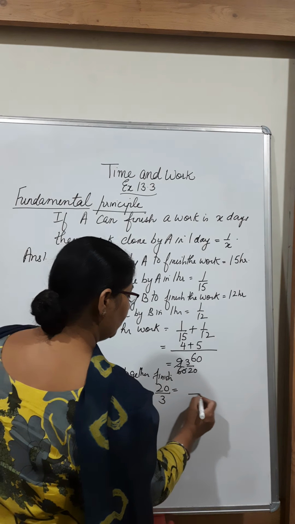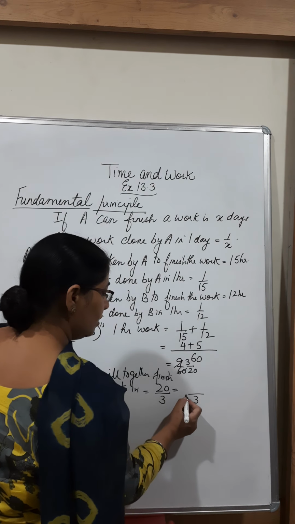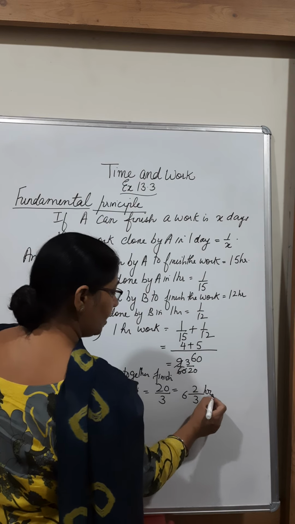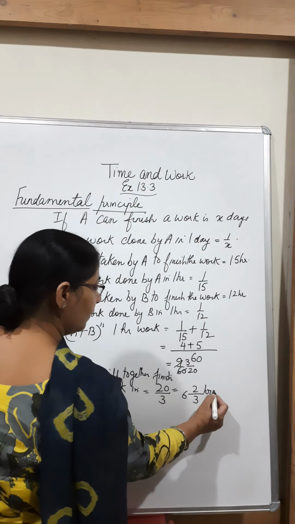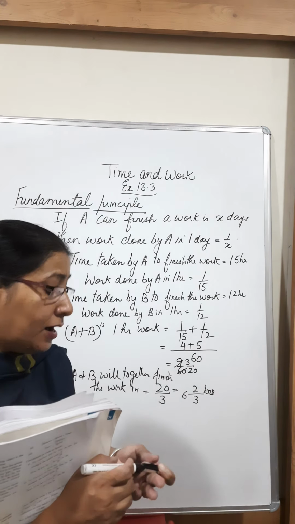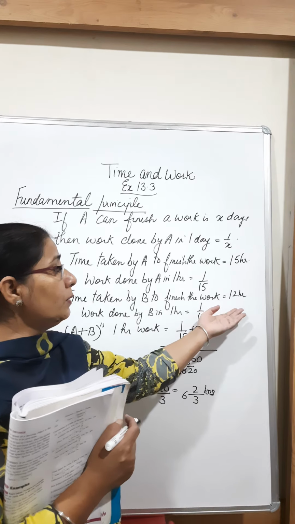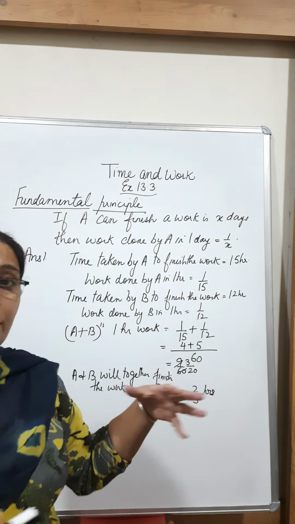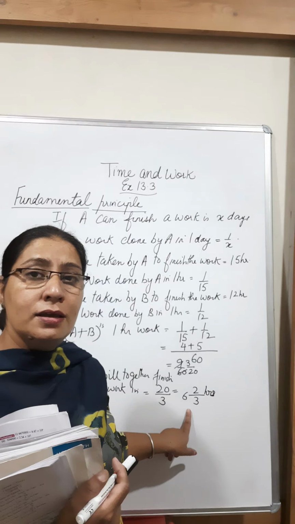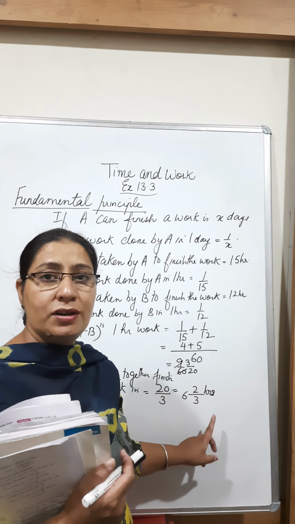That is equal to, you can take the mixed fraction here, 3 6s are 18 and 2, 6 2 by 3 hours. So this is the time if A completes alone in 15 hours and B alone completes in 12 hours. Now if they work together, they can finish the work in 6 2 by 3 hours.